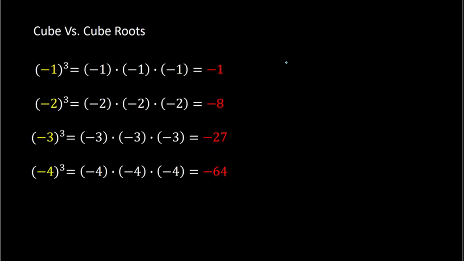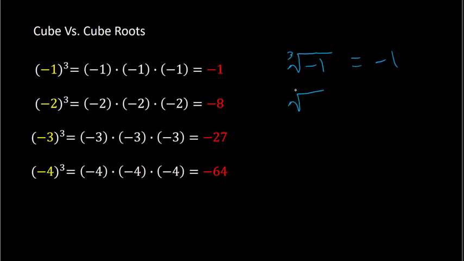And with cube roots, we can also take the cube root of a negative number. If we take the cube root of negative 1, this is asking what number cubed is equal to negative 1. We see here that's going to be negative 1.